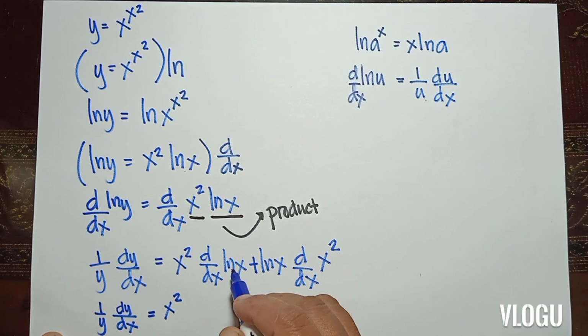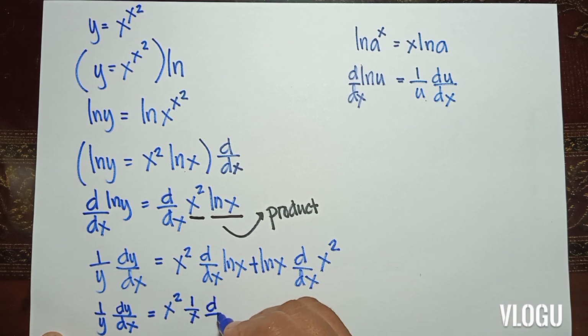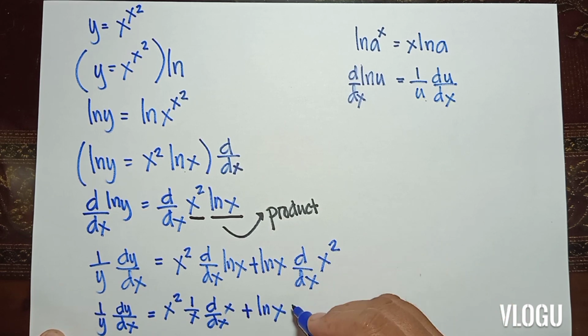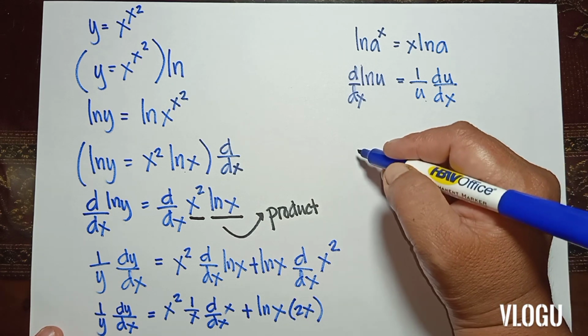So the derivative of ln of x is 1 over x, d dx of x. Okay. Then we will have ln of x times the derivative of x squared, that is 2x. But never multiply 2x with x. That is not part of x.